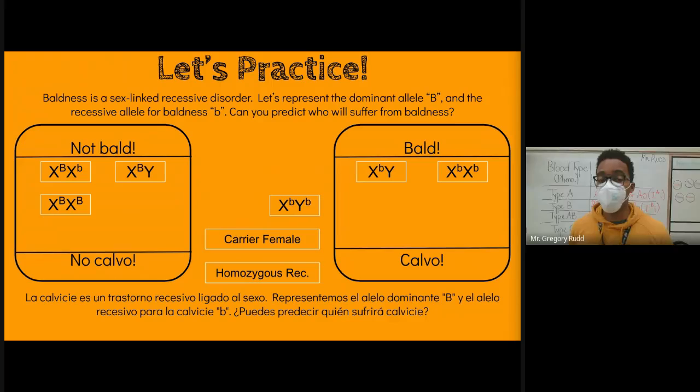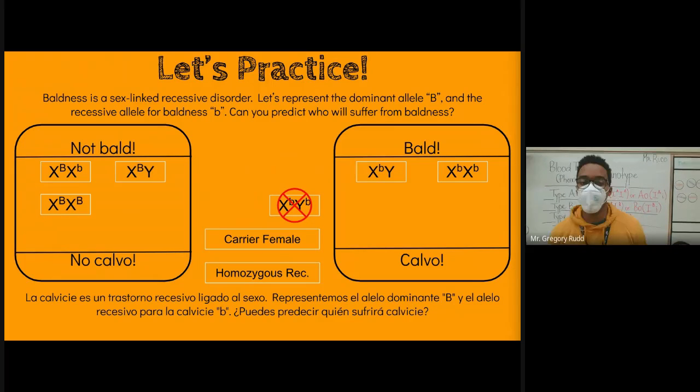Because males should only have one X chromosome, and we only find sex-linked traits on the X chromosome. So it says in that very first sentence, baldness is a sex-linked disorder. So we shouldn't have baldness appearing on the Y chromosome at all. We only see sex-linked traits on the X chromosome. So that was a trick question. That's not possible.